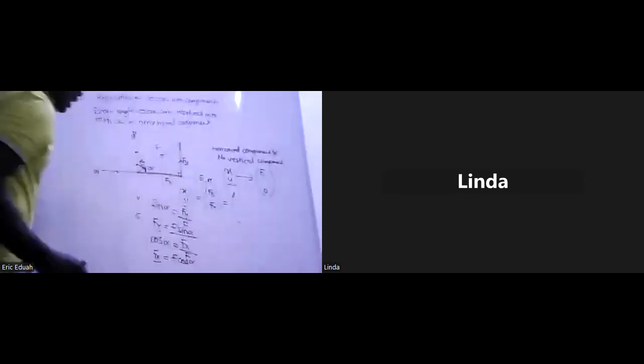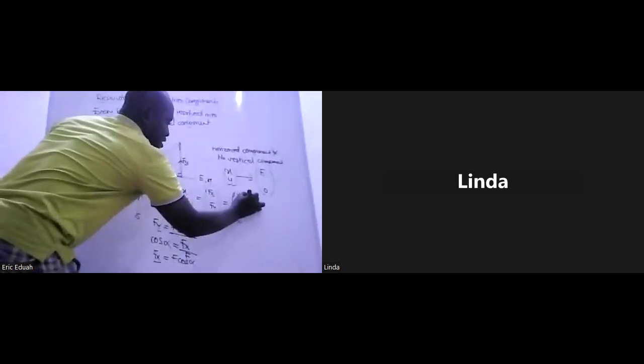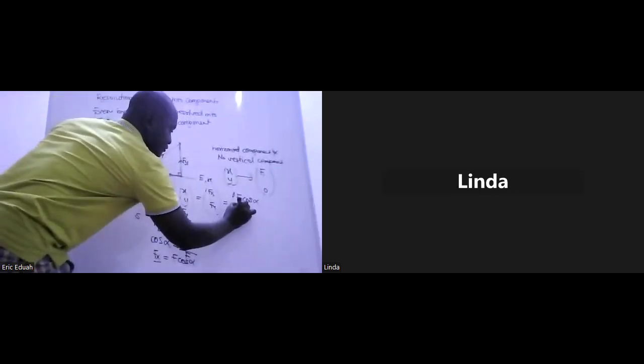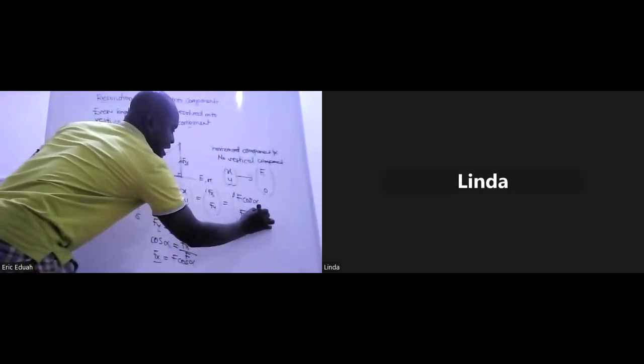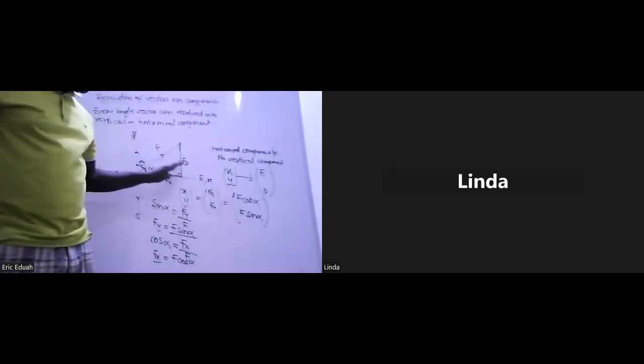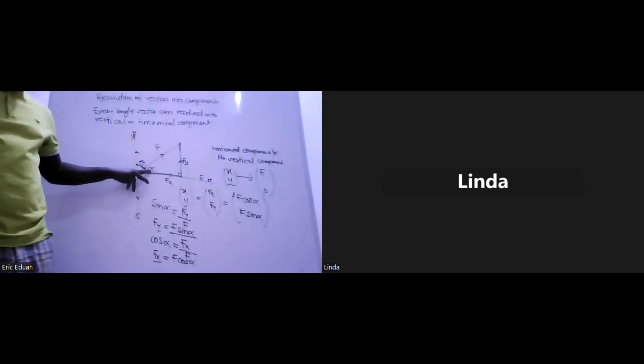Therefore, Fx is equal to F cos alpha, and Fy is F sine alpha. This is the resolution of the force into components using the angle it makes with the x.